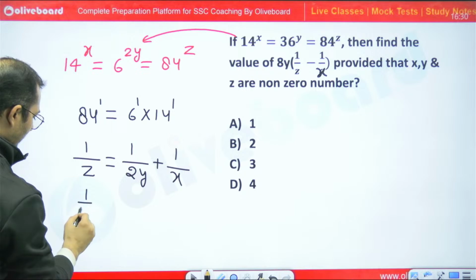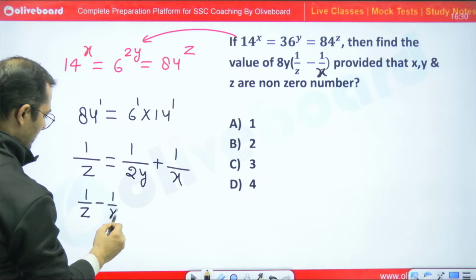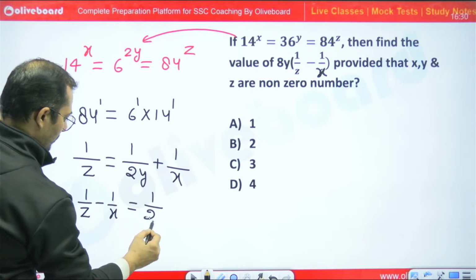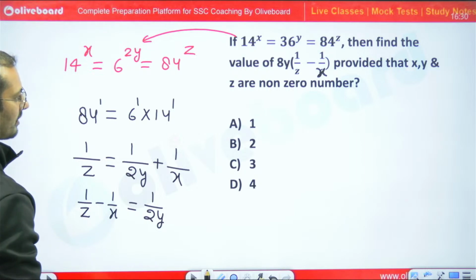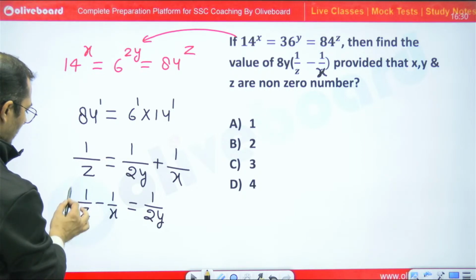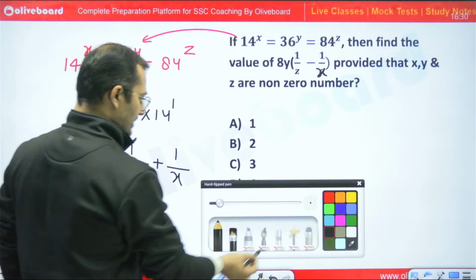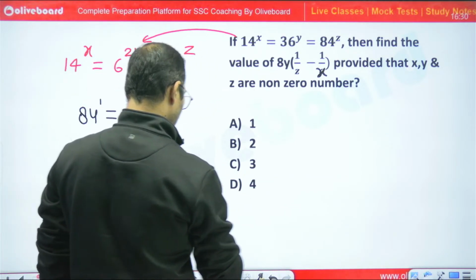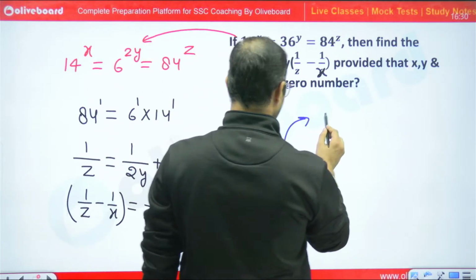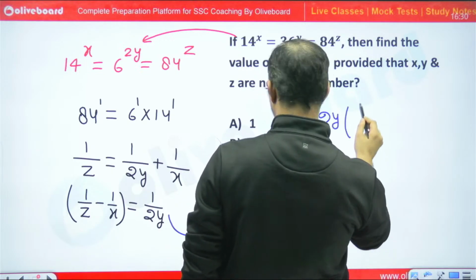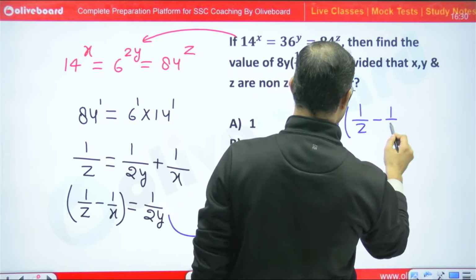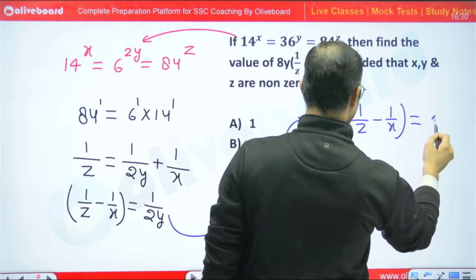So 1 upon z minus 1 upon x would be equal to 1 upon 2y. Now transfer 2y to the left side. So we get 2y bracket 1 upon z minus 1 upon x is equal to 1.